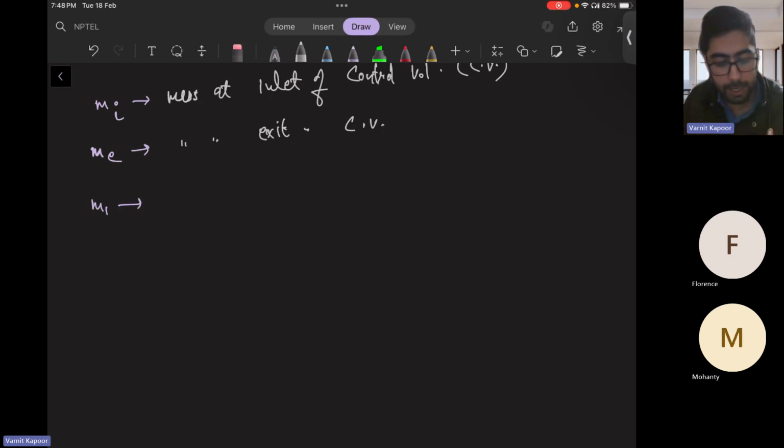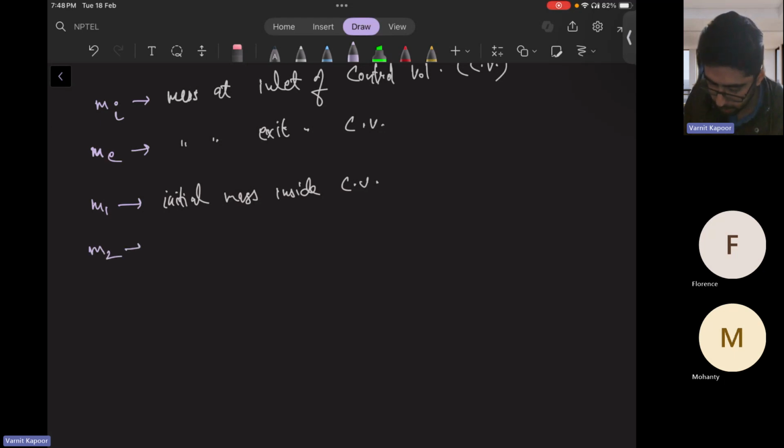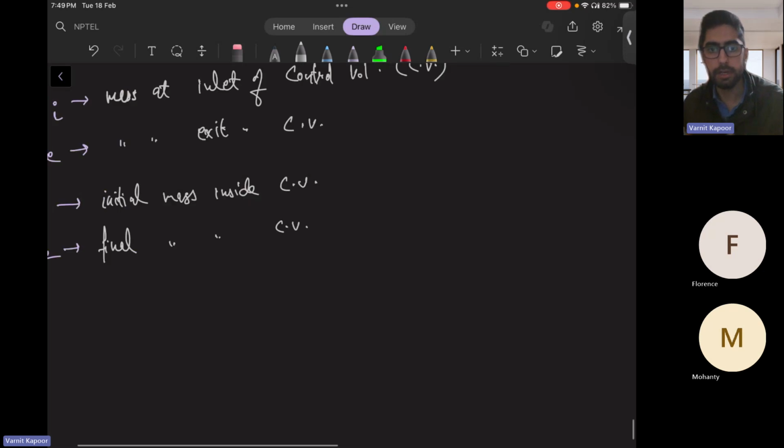What is that? Initial mass inside the control volume. So the control volume itself has some mass inside it. And M2 will also be there, final mass inside control volume. And M2 will be greater than M1 because if some flow is happening through the inlet and initially there was mass, some mass will accumulate inside the control volume, which will increase the mass.